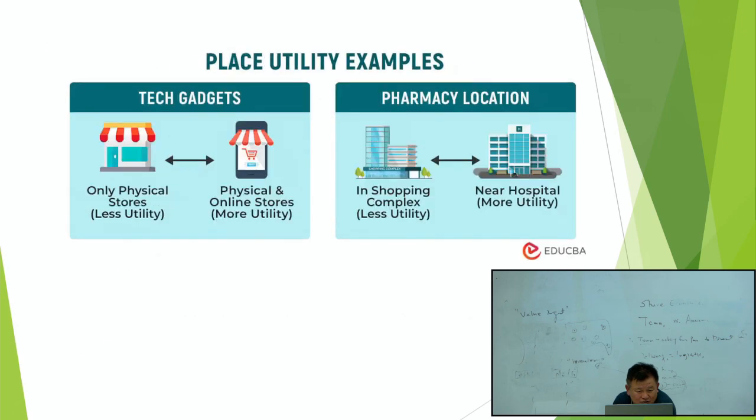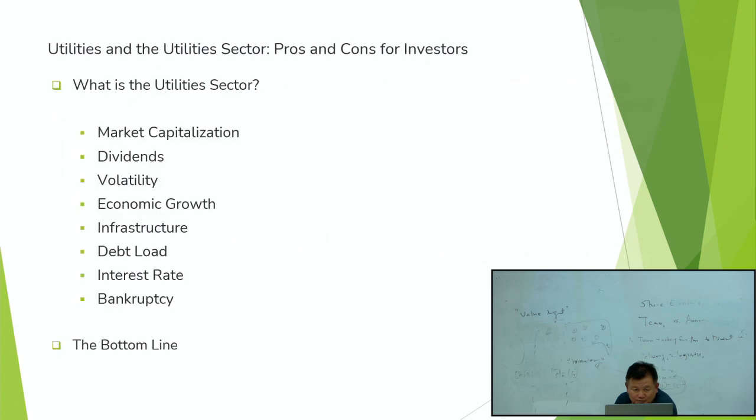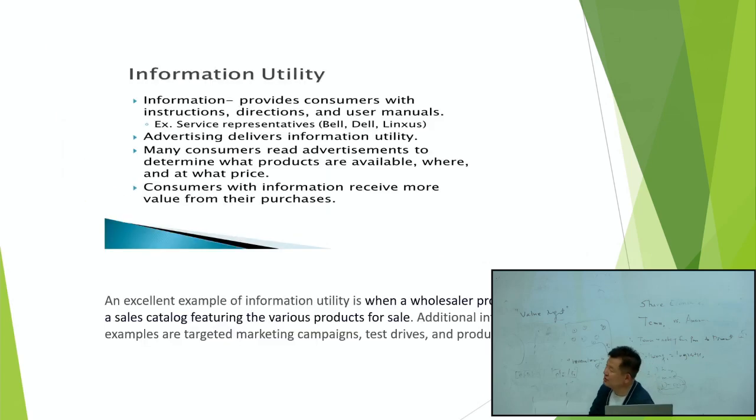I talked to you about the mostly traditional four types of economic utilities: form, time, place, possession. But nowadays they have added more, information utility, because nowadays, as you know, there is so much data and very high-speed internet service.